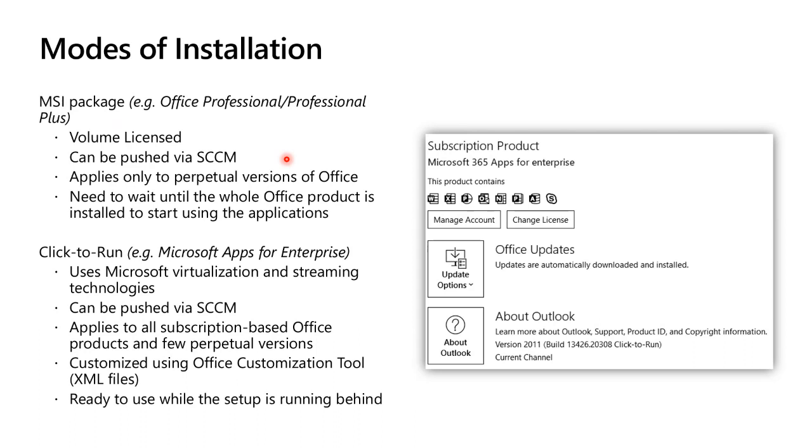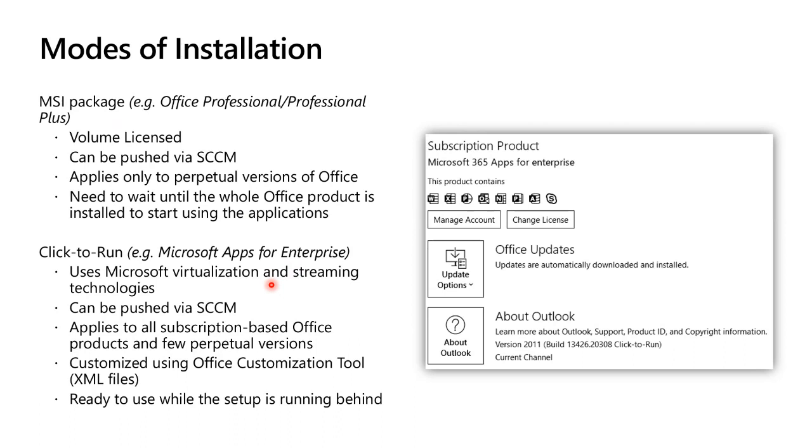And we know that MSI being the volume license, it applies only to perpetual versions of Office. When it comes to MSI installation, we need to wait until the whole of the Office product is installed in order to start using Office applications. Whereas with Click to Run, you do not have to wait for the entire installation to be able to utilize any of the Office applications.